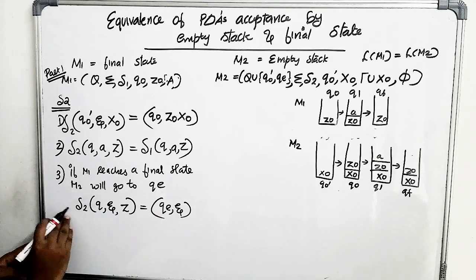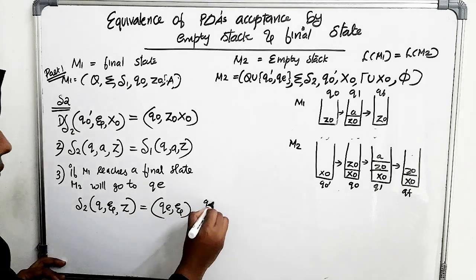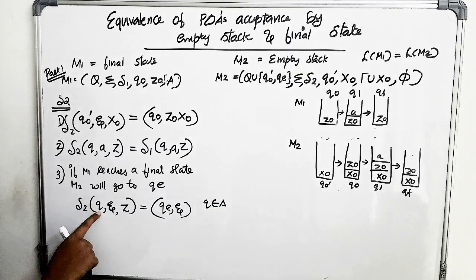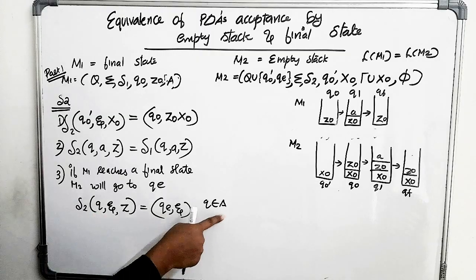This means that when M1 reaches the state Q, which is the accepting state for M1, it is not accepting for M2, it is a simple state for M2.